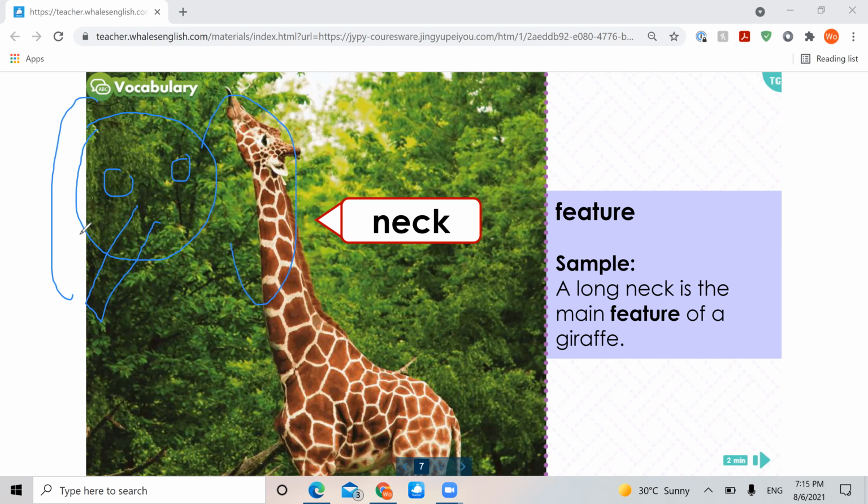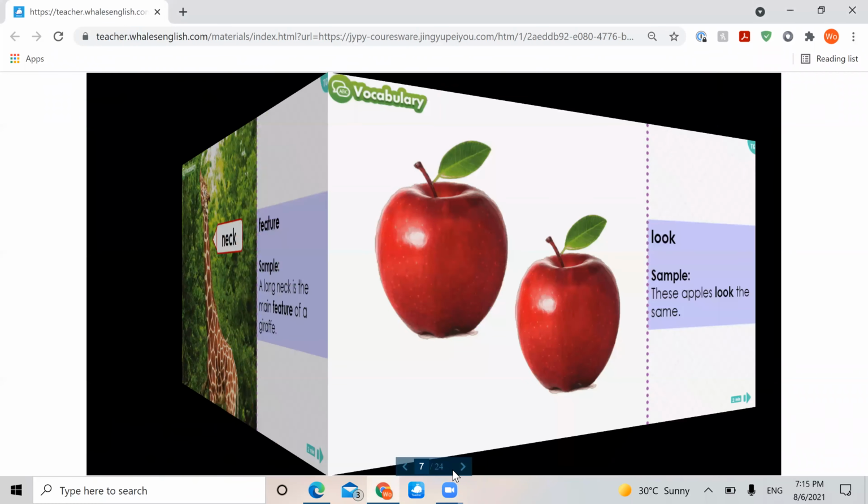The elephant. What does an elephant have? Fantastic. It has a long nose, and that's its main feature. Great job. Can you tell me what you think the flamingo's main feature is? Yeah, it has two long legs. Well done.